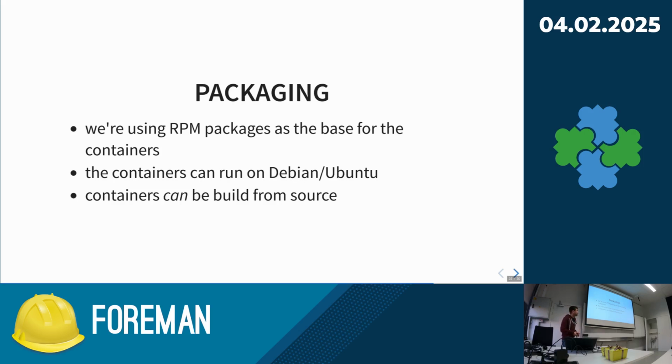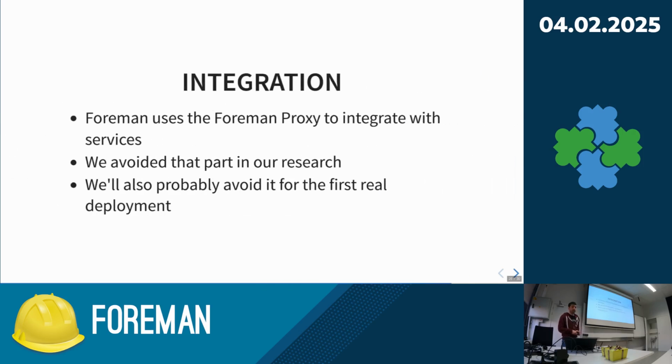Yeah, then Foreman proxy is one of those things that needs further thinking. We have no real idea how we will approach that because it integrates with so many services, and it's also plugin based, and we would essentially have to rebuild all that in containers and also allow a lot of traffic into that container, which might be more complicated.